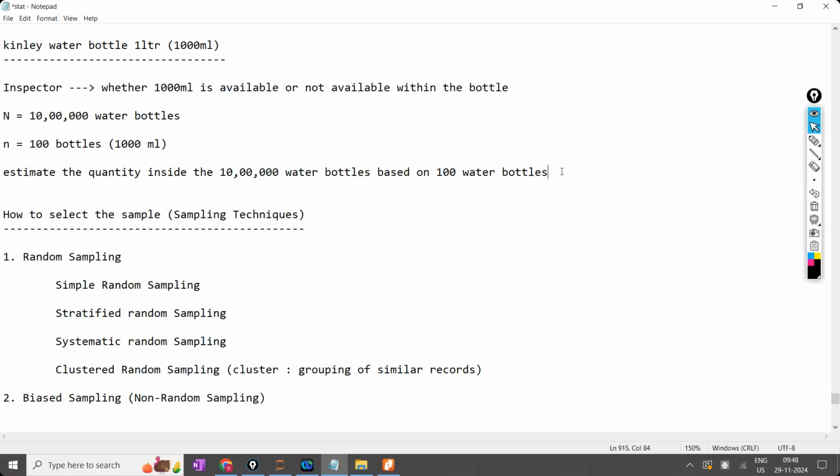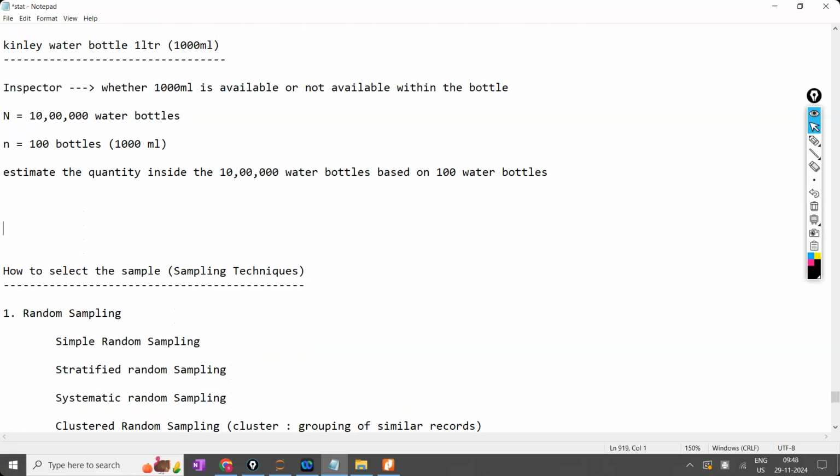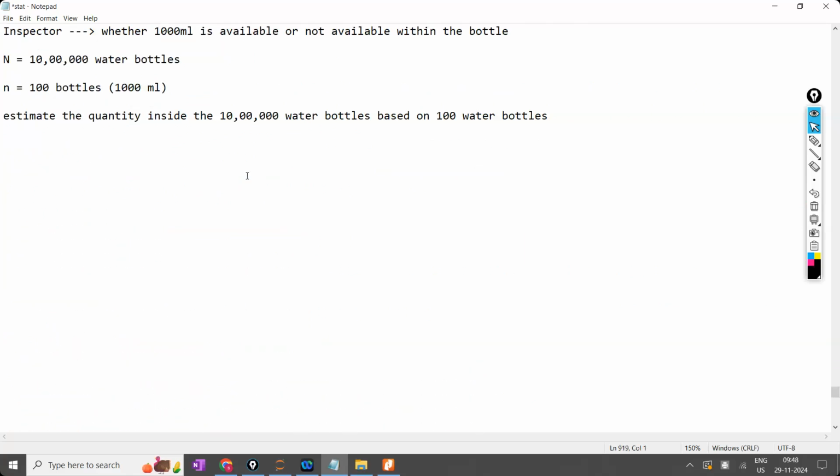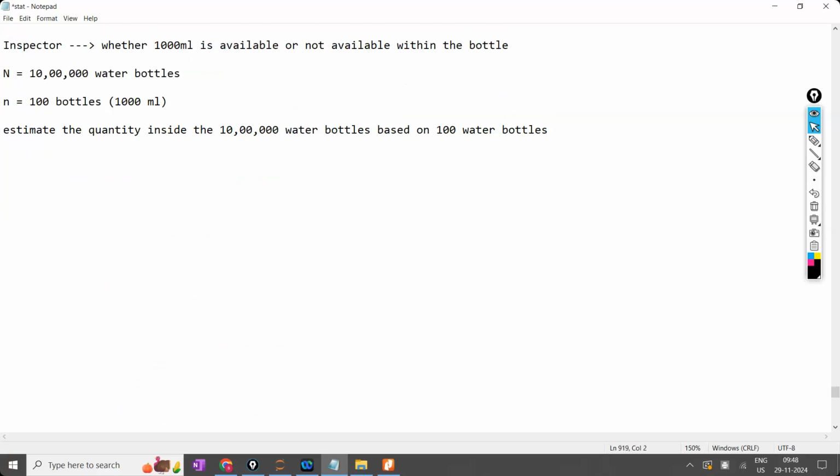Now he is going to inspect 100 bottles and measure them, right? Now here, what is the first step he is going to do for this example? First he will start with formulating the null and alternate hypothesis. Null hypothesis is given by H0. Alternate hypothesis is given by H1. Here I am writing H0 on the side, but you have to write it at the bottom as a suffix.